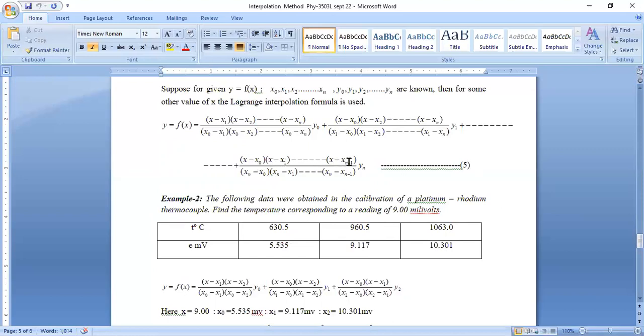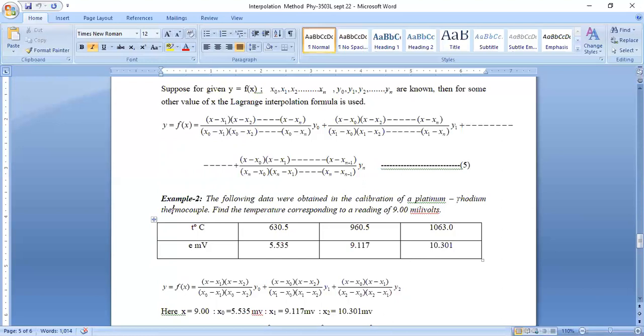Since 2 minus 1 is 1, you go up to X1, so you write X minus X1 upon X2 minus X0, X2 minus X1. For N equal to 2, two terms will appear. This you can understand.